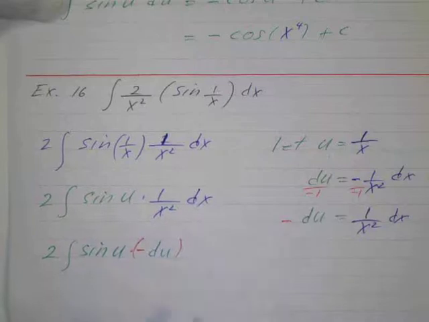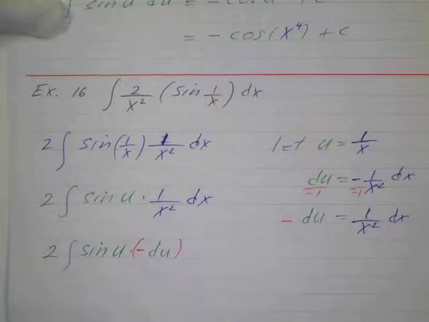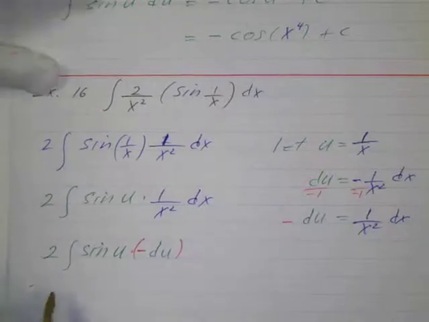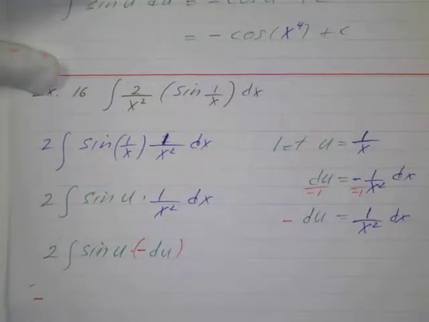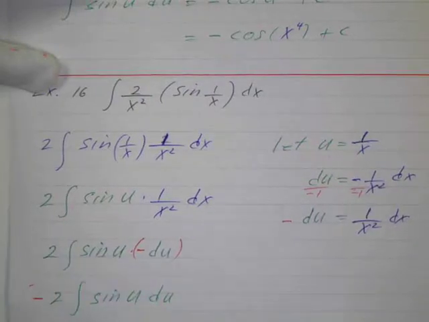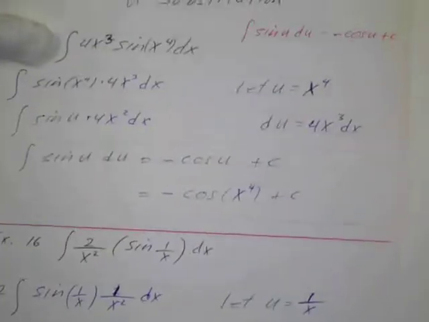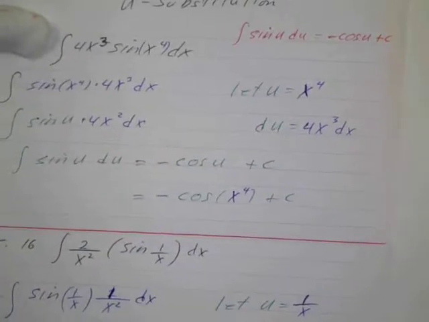All right, and the only difference is this negative, so we'll take this negative out and put it in front, so we have negative 2. And there we go, we got sine of u du, and up here, the antiderivative of the sine of u du is negative the cosine of u plus c.